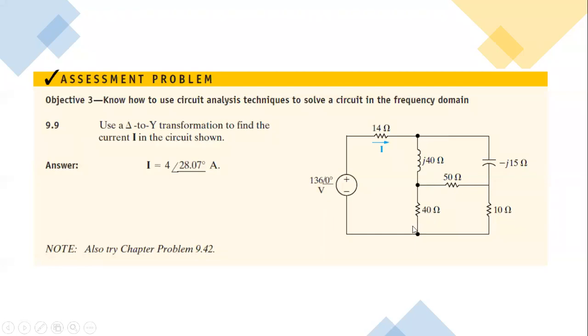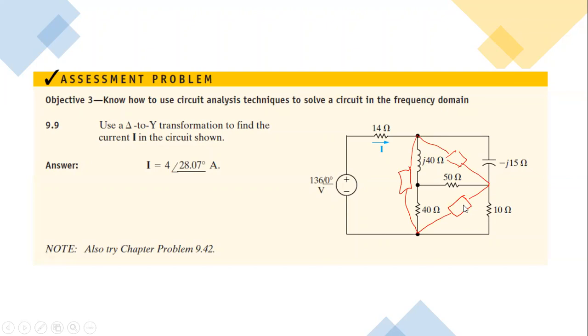Once you convert this Y into delta, you will have these three impedances. One impedance will be in this form, another impedance will be connected in this form, and the third impedance will be connected in this form. You will have this impedance in parallel with this impedance.